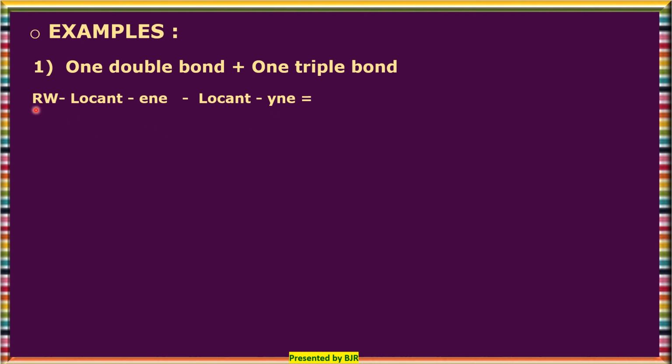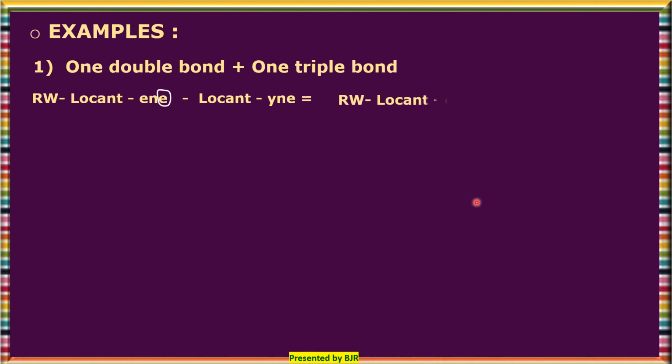Before this root word there may be some substituents, and here locant is nothing but the number that locates the position of either the double or triple bond, and this locant belongs to ene and this locant belongs to yne. Here you can see this E is followed by the suffix Y. For that reason, E is to be dropped while writing the IUPAC name.